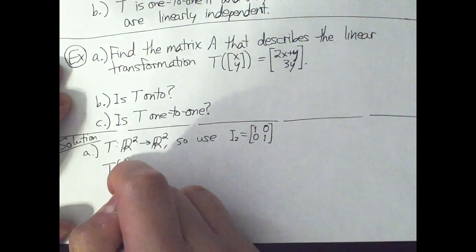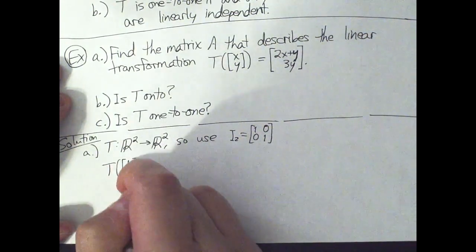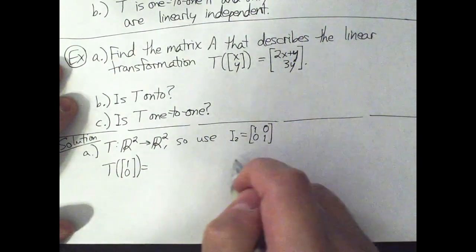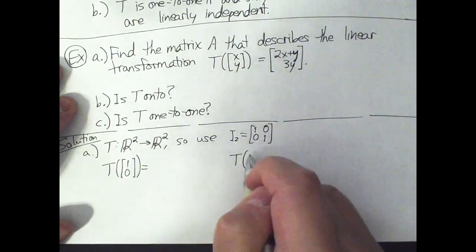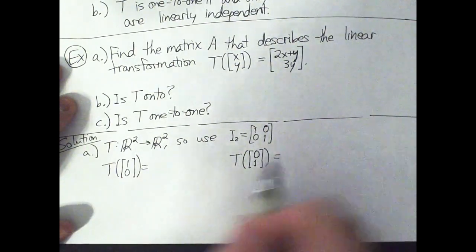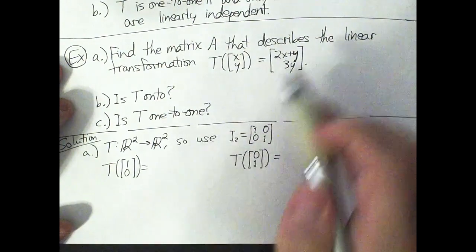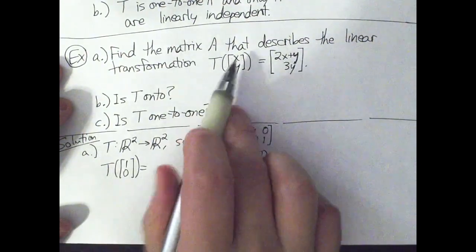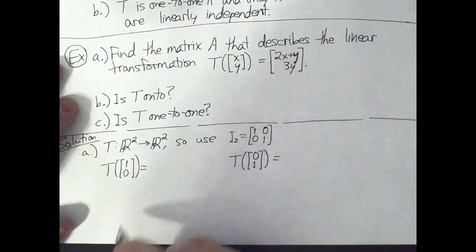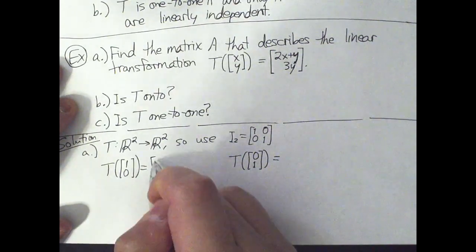So you check T of the first column of the identity. We're going to see what we get. We're going to do T of the second column of the identity and see what we get. And you have to do these manually. You have to refer to whatever is given. So you can do these sort of things with steps if you want.